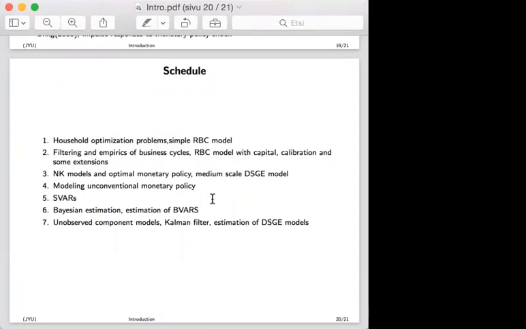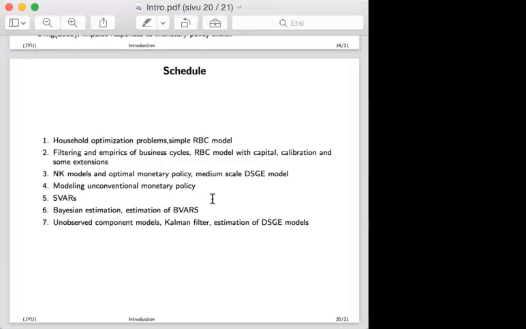studying. And then we can combine the RBC model with some extensions and a New Keynesian model to get a so-called medium scale DSGE model and see how it works. There will be one lecture on unconventional monetary policy, and then we will move to the empirical part and first study these structural VARs, how they are used and what it means to identify shocks.